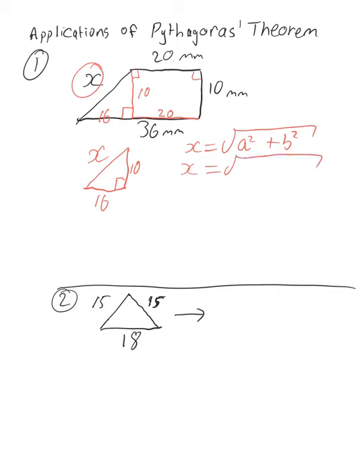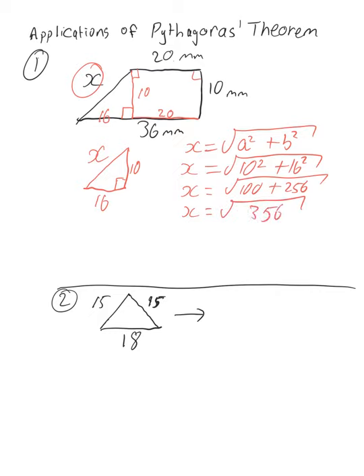So x equals the square root of 10 squared plus 16 squared, the square root of 100 plus 256, x equals the square root of 356.